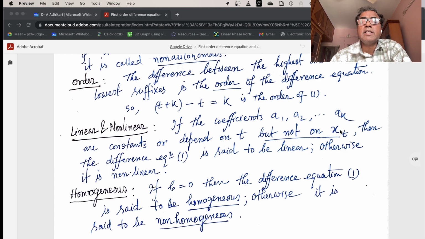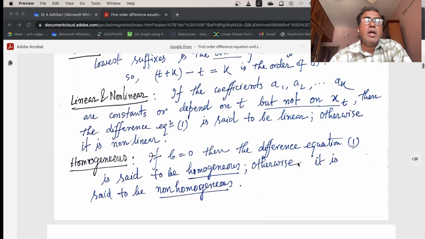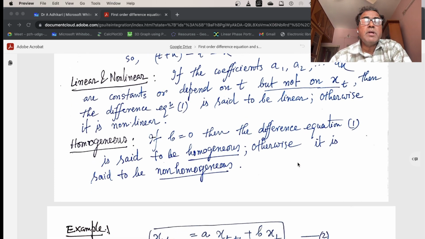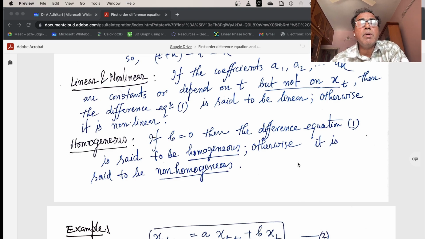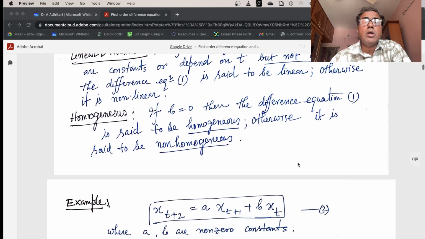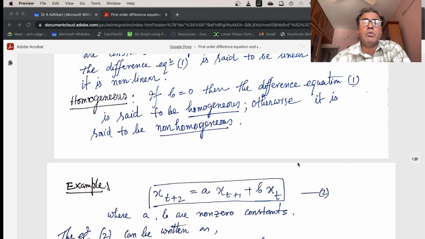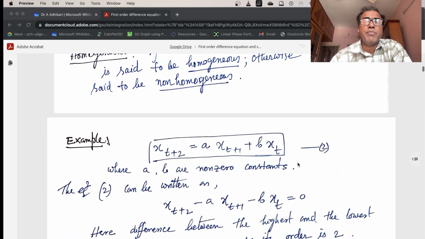So the multiplication xt into xt plus 1 is nonlinear, and xt to the power half is a nonlinear term, so the difference equation is nonlinear. Now homogeneous: if the right hand side constant b, which may be a constant or a function of t, is 0, then the difference equation 1 is said to be homogeneous. Otherwise, if it is not equal to 0, it is non-homogeneous.